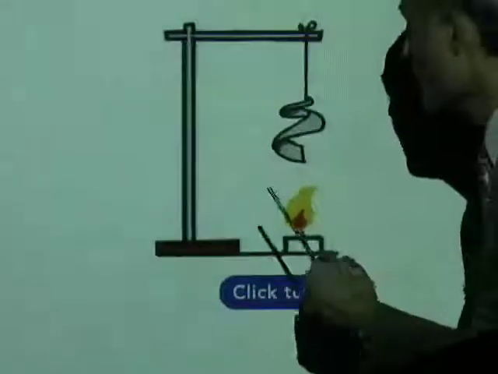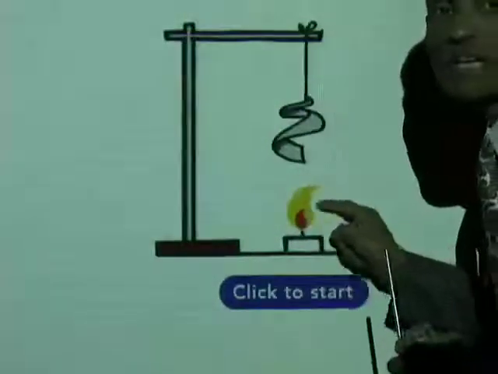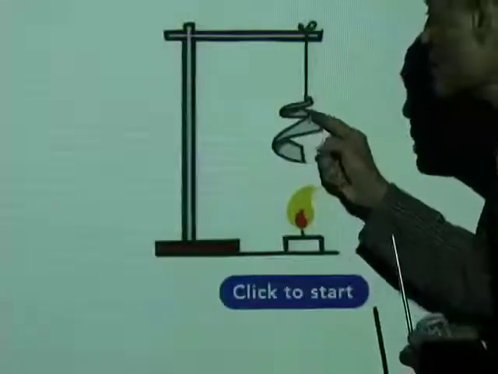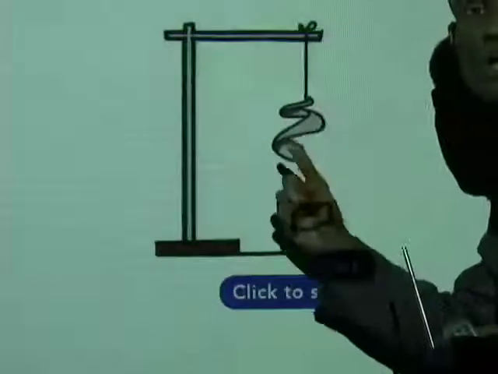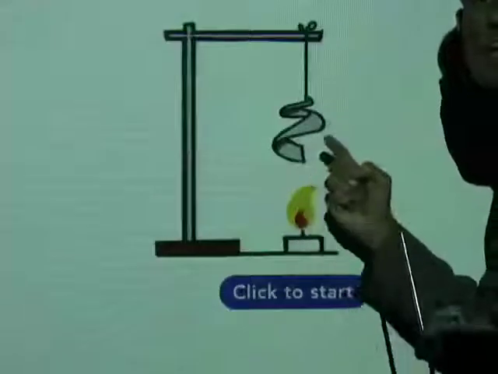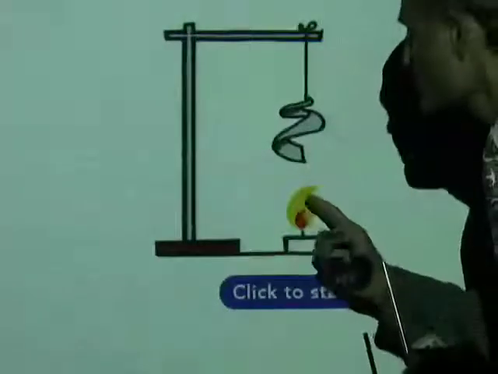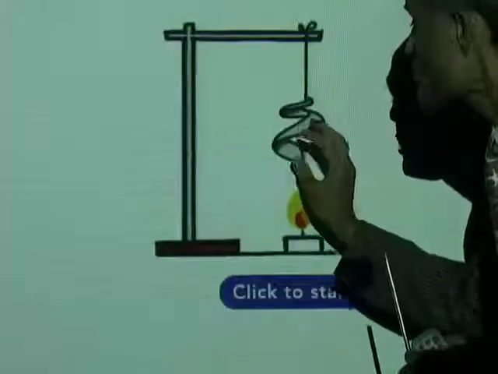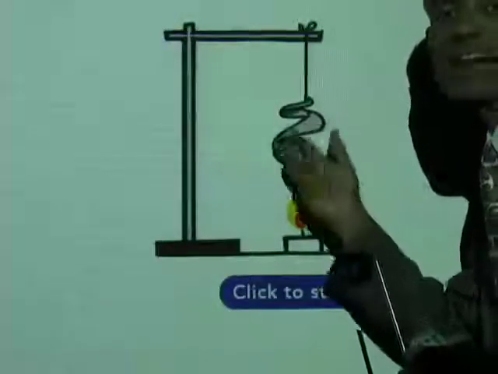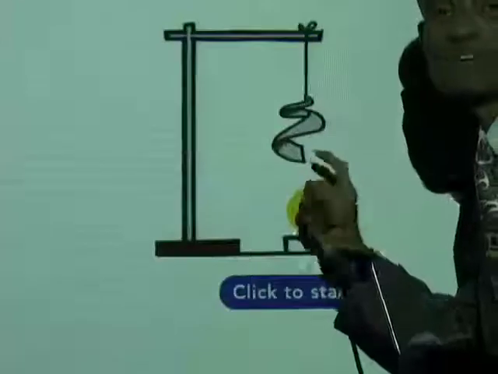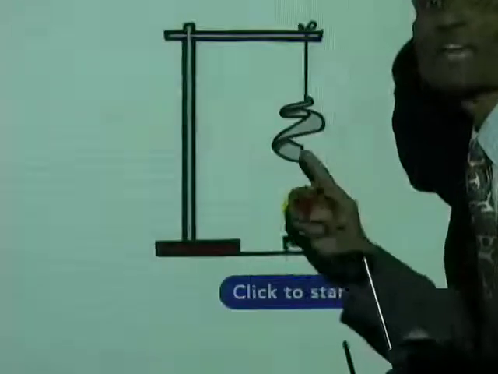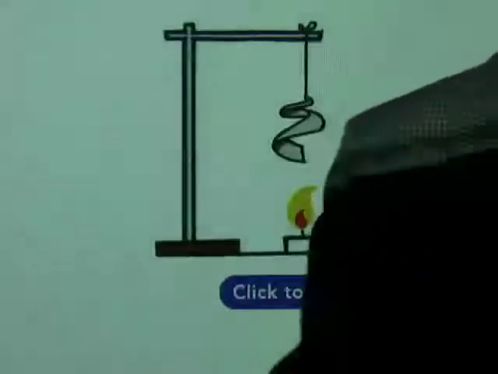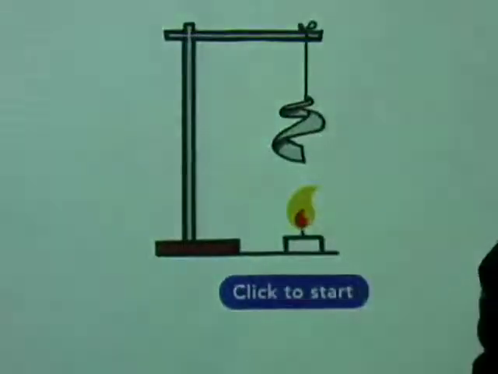When the candle burns, the air immediately surrounding it will rise. And this is a very thin aluminum foil made in the form of a helix. When hot air rises, that rising air will make that helix spin. You see, the spinning of the helix is an indication that there is air current, and that is convection current.